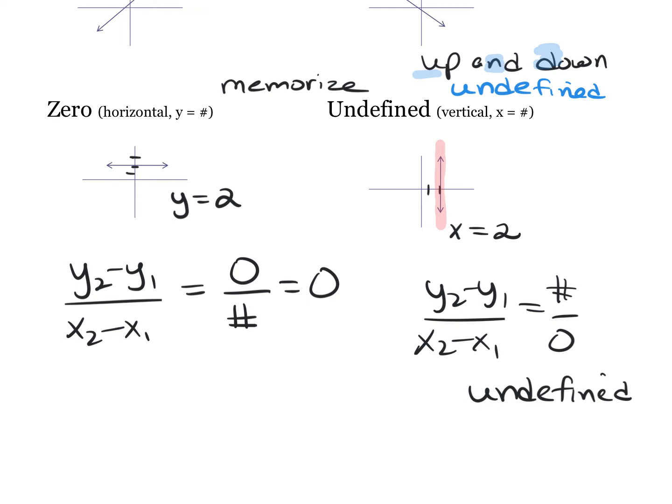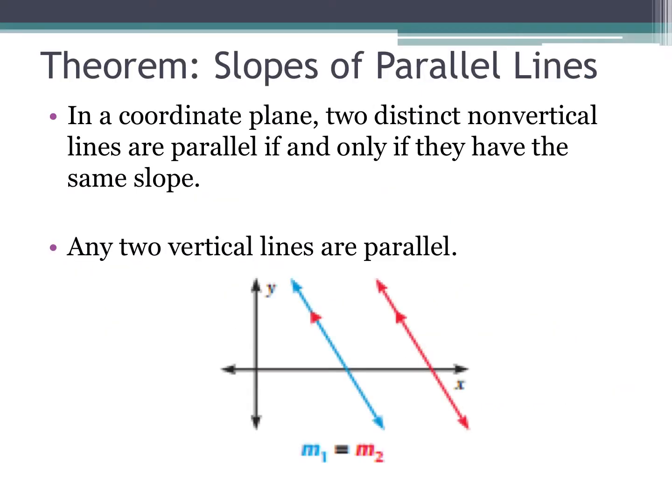Now, the whole reason for reviewing all of this slope information is how it's going to tie into geometry, and we're going to learn two theorems about parallel and perpendicular lines and their slopes. So the first theorem is the slopes of parallel lines: in a coordinate plane, two distinct non-vertical lines are parallel if and only if they have the same slope.